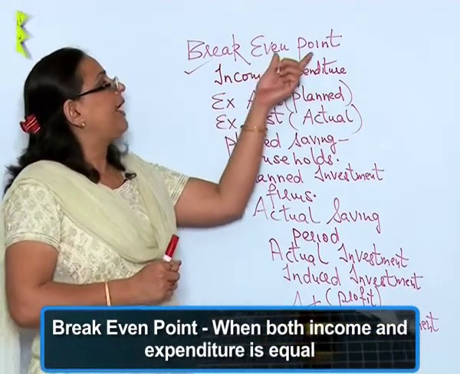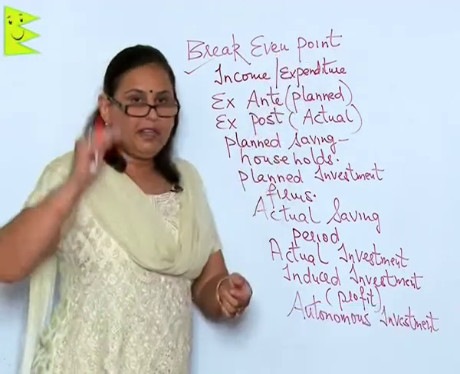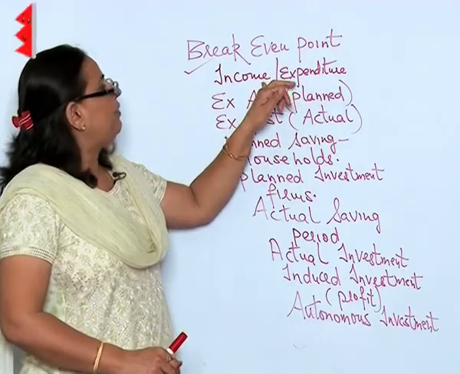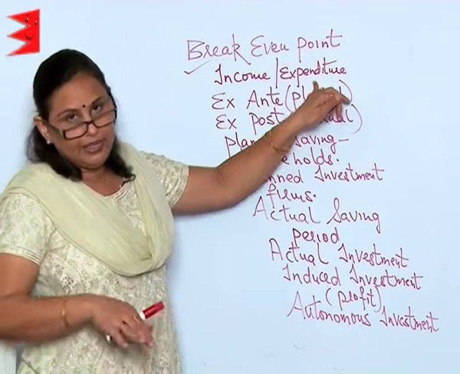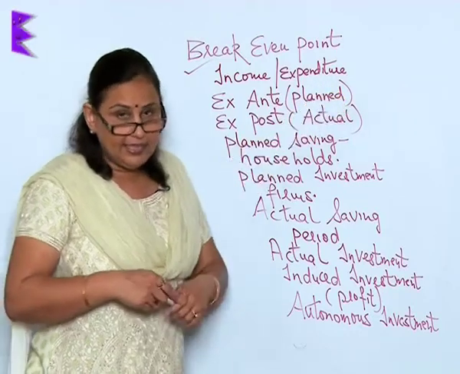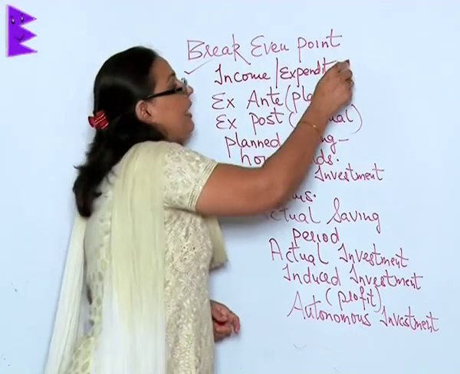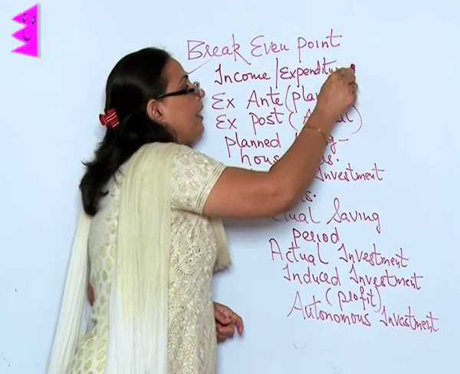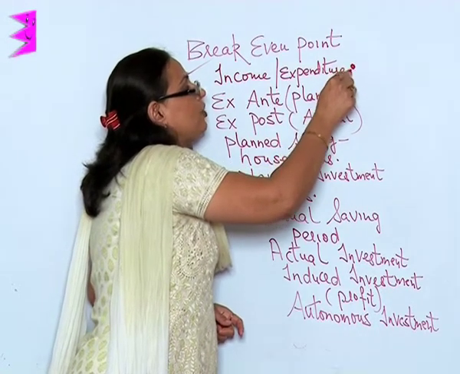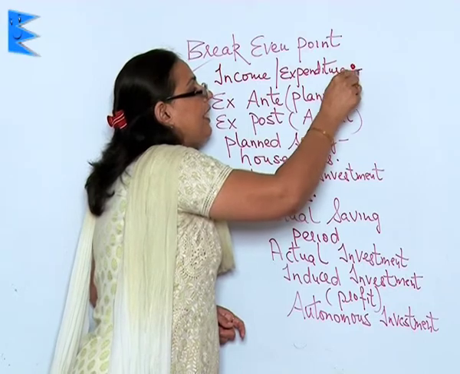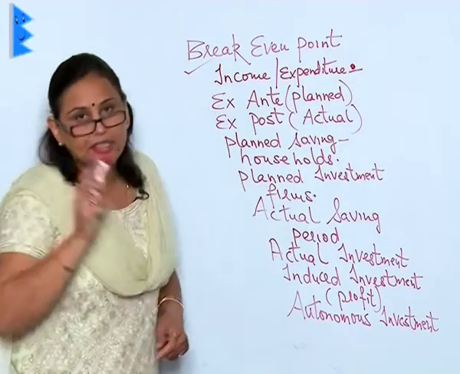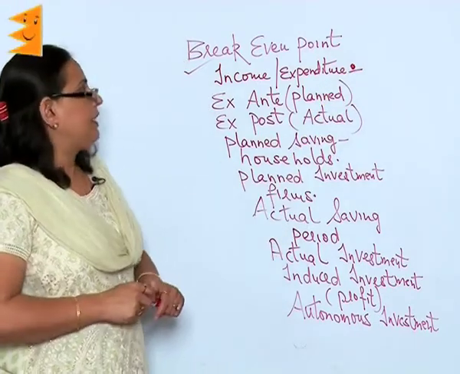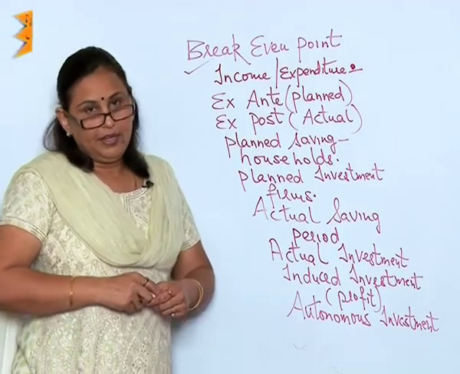So, this is the break-even point. Going further, maybe the income will rise and the expenditure will decrease. But this is the level where both the income and the expenditure have maintained a status quo. This is the break-even point.